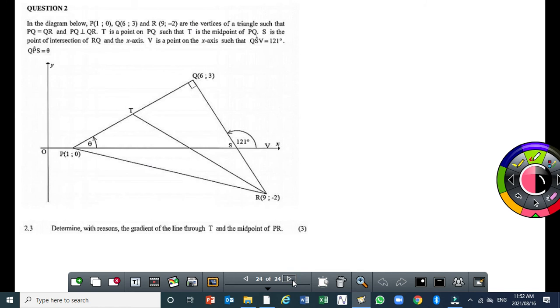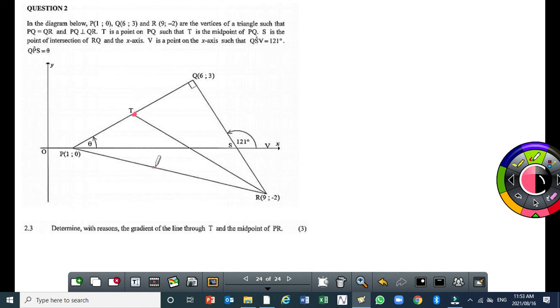Okay, and then the last question says, determine with reasons the gradient of the line through T and the midpoint of PR. So the line passes through point T and the midpoint of PR, and then it goes something like that.